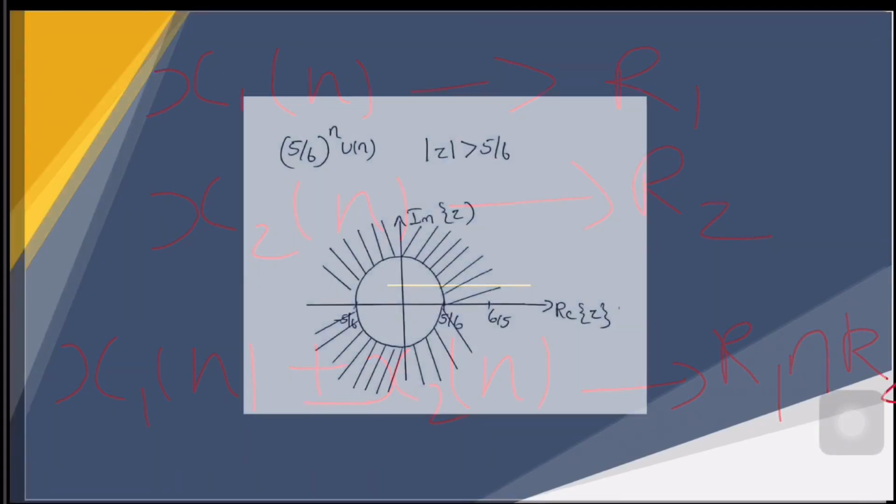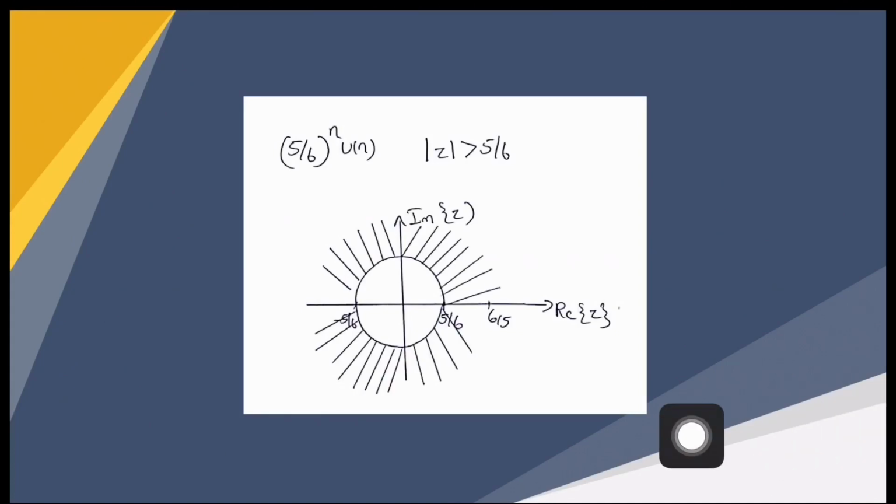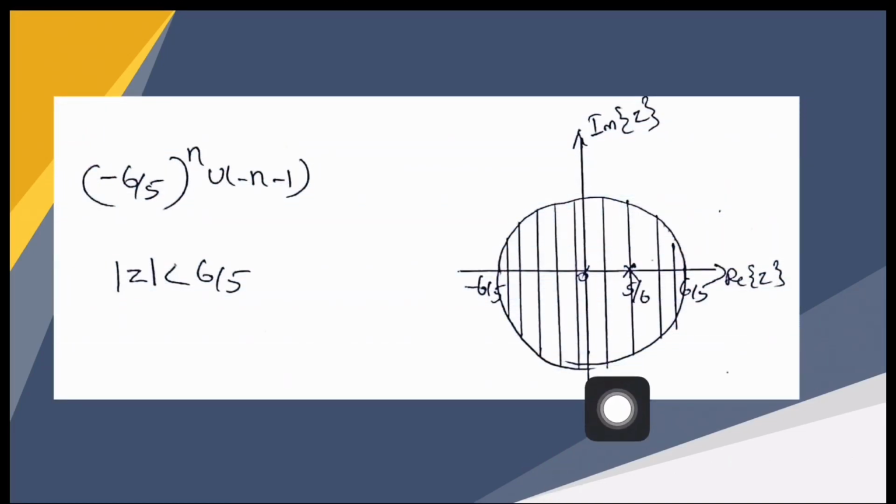If the ROC of x1[n] is R1 and that of x2[n] is R2, then the ROC of x1[n] plus or minus x2[n] is R1 intersection R2. We obtained the ROC of x1[n] as the area outside the circle with radius 5/6 and that of x2[n] as the area inside the circle of radius 6/5.